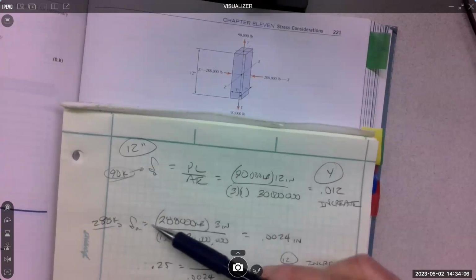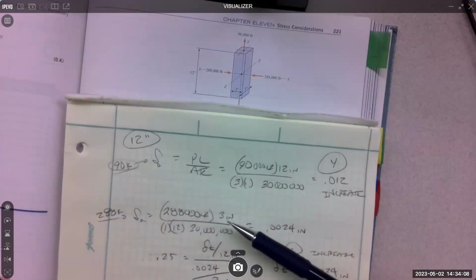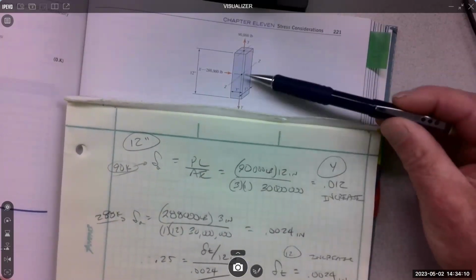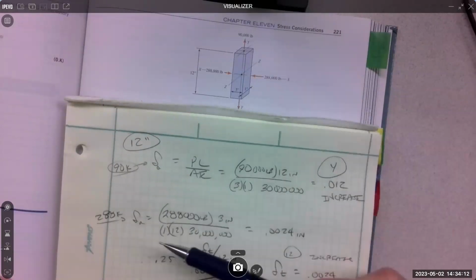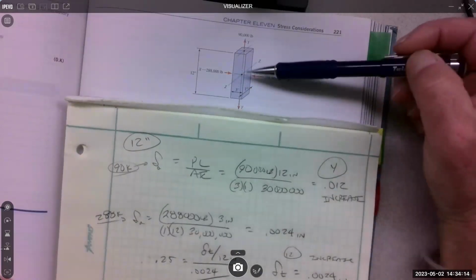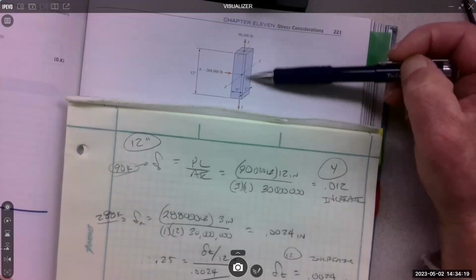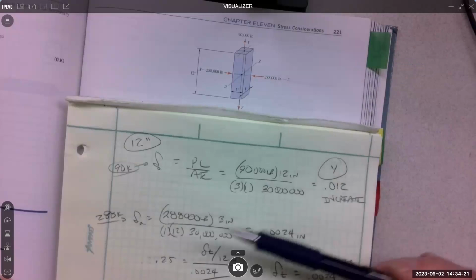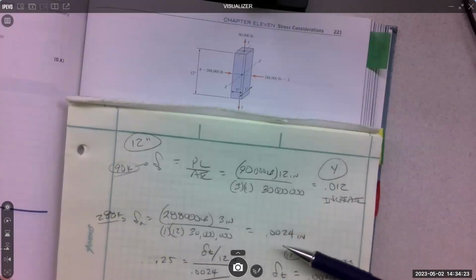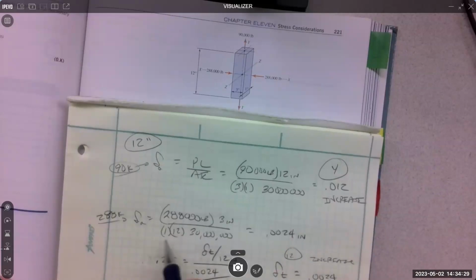So I did 288 and 3 inches, the original length here, and then the area is 1 by 12, this big area. And then again, 30 million, and I get 0.0024. So that's the axial change, 0.0024.